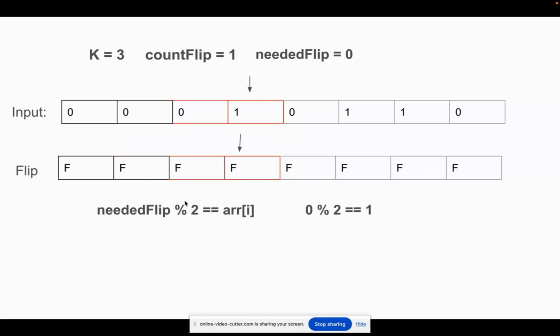Okay. Now we need to expand the window. Now doing the same thing here, needed freq multiplied by 2 equal to the current value or not? Okay, it's true, right? Needed freq is equal to 0. 0 multiplied by 2 equal to the current value or not?